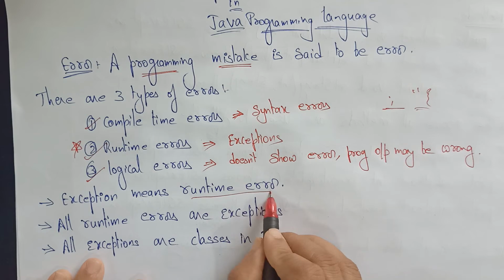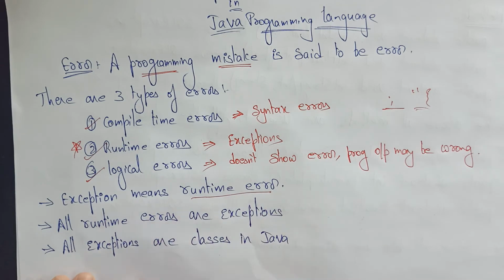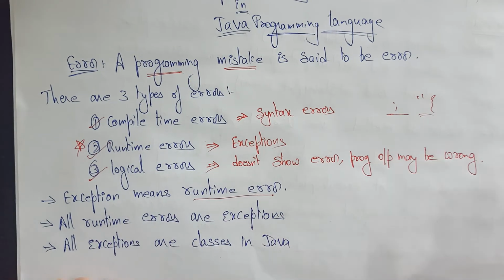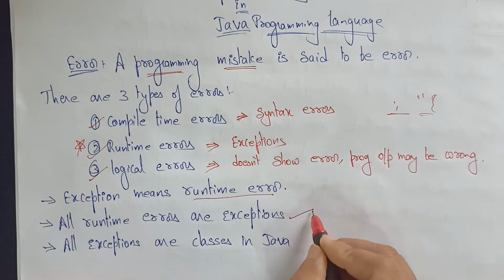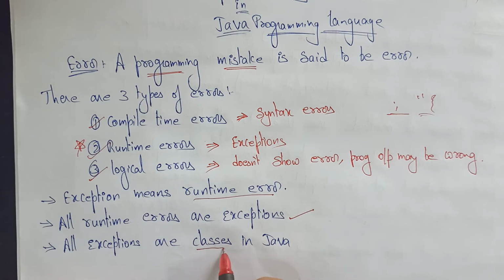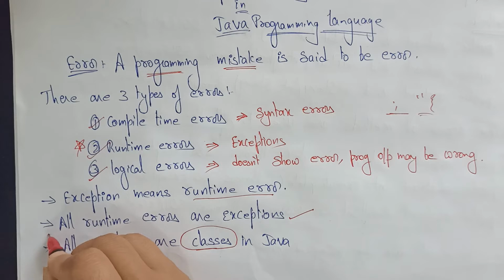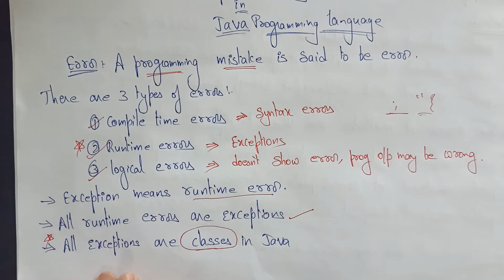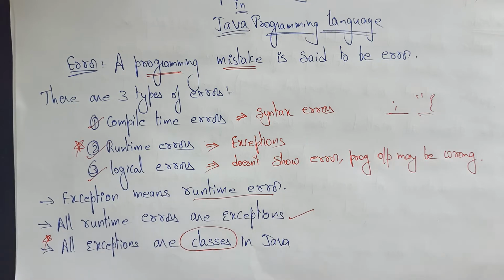Okay, so what is an exception? It is a runtime error. All runtime errors you call exceptions. All exceptions are classes in Java. This is important. All runtime error exceptions are classes in Java.